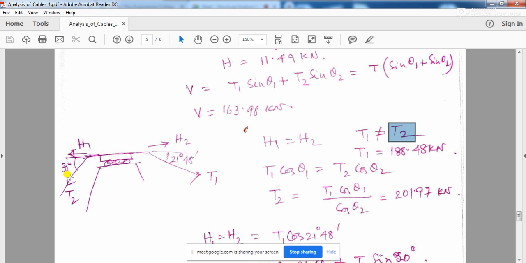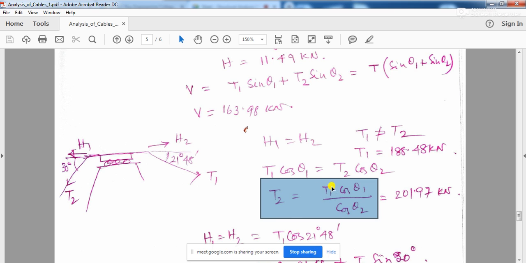Okay, so here T1 is not equal to T2. So from this horizontal equilibrium equation, you can easily find the value of T2. T2 will be equal to T1 cos theta 1 divided by cos theta 2. So you put the value of theta 1 and T1.